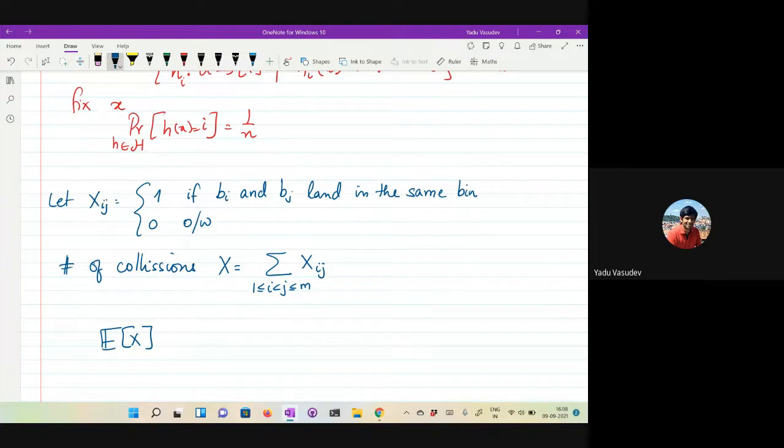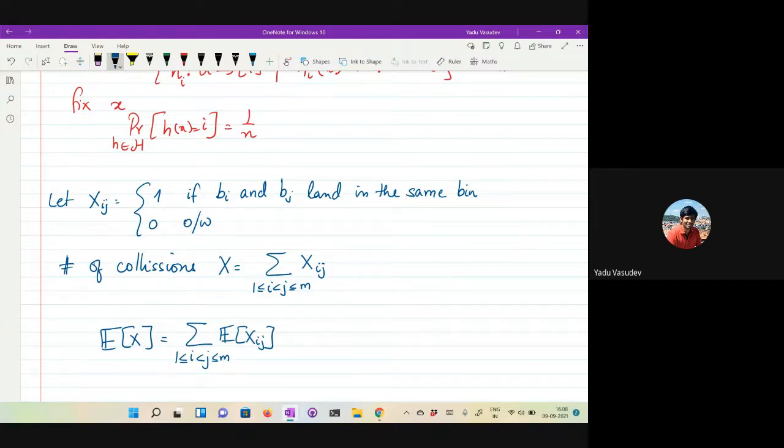By the linearity of expectation, this is the sum over 1 ≤ i < j ≤ m of the expectation of xij.